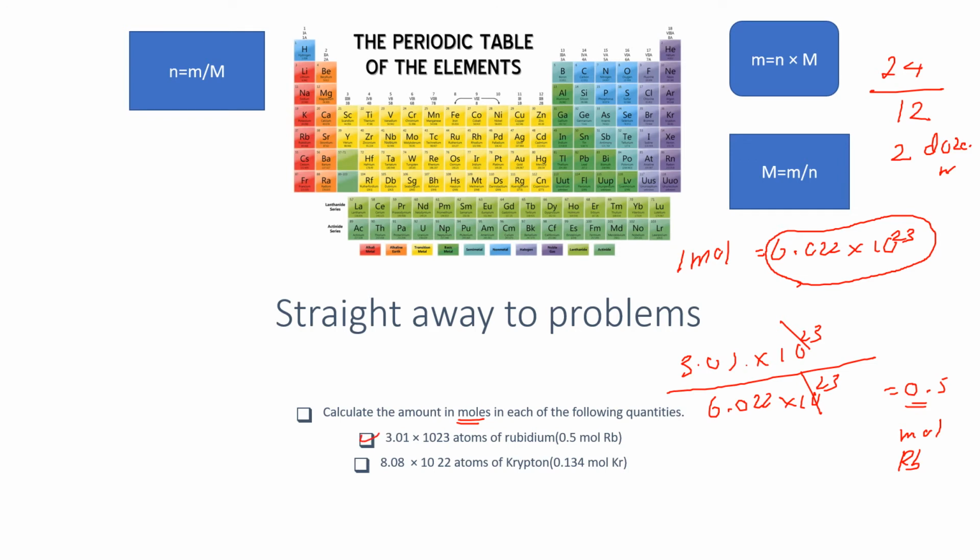Okay, that's done. Second one, same way, just look at here is 22, 23 powers. Okay, so now here again the same thing, we have to find out number of mole. What do you do? Same thing like before, 8.08 10 to 22 divided by Avogadro, 6.022 10 to 23.